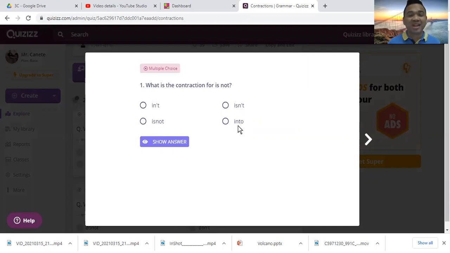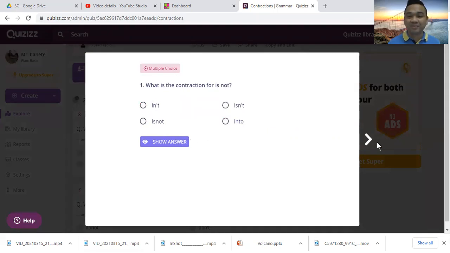Again, a contraction is a shortened word made by putting two words together. So int, is not, isn't, or into. What's your answer? If your answer is this one, then you are exceptional. Okay, so the contraction for is not is isn't.